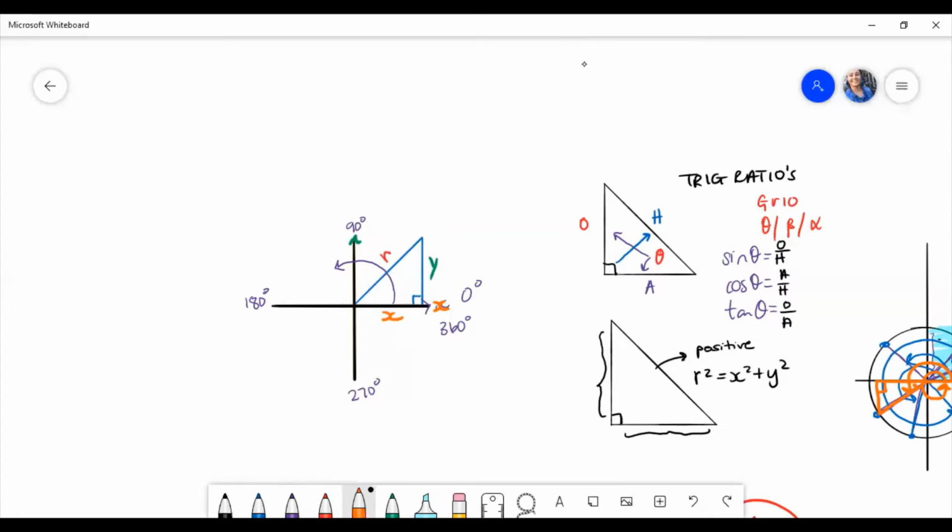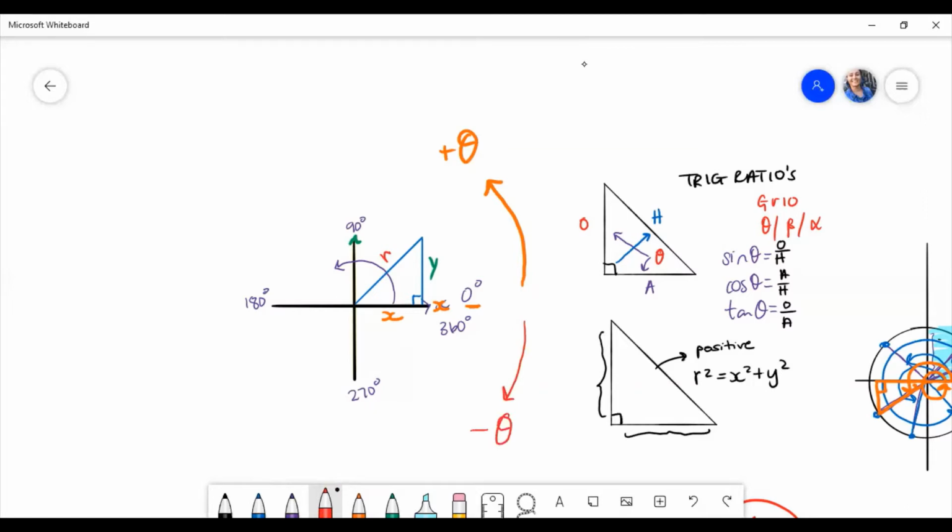We work off the 0 degree line, which is indicated by our x-axis, and we learn to work with a positive angle, which is anti-clockwise, and a negative angle, which is clockwise.